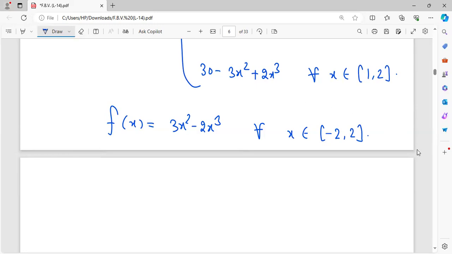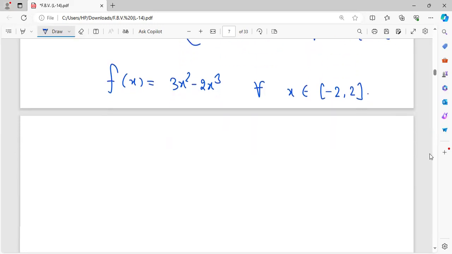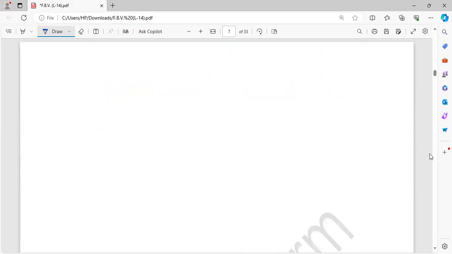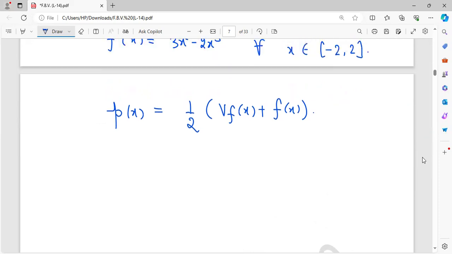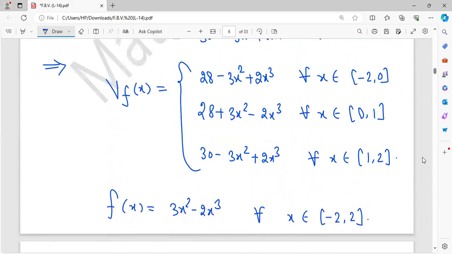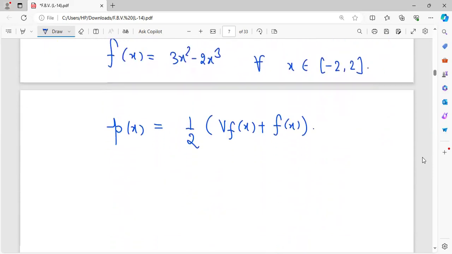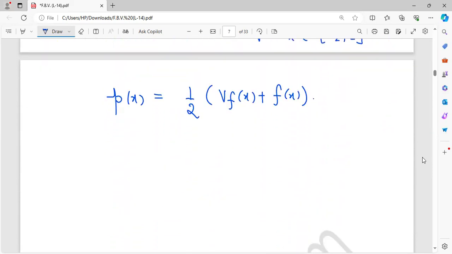Okay. So what is P? Px is equal to 1 by 2 BFx plus Fx. So Fx has the same value throughout the interval, given by a single formula. Now what is Px?